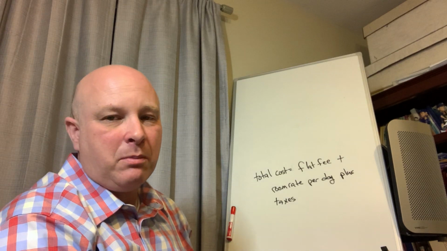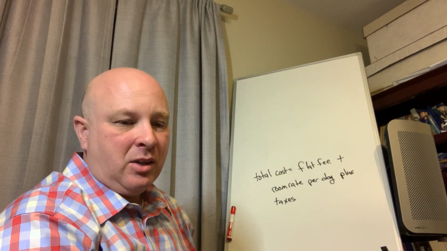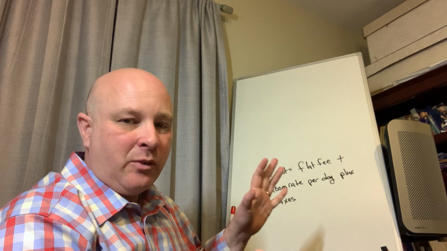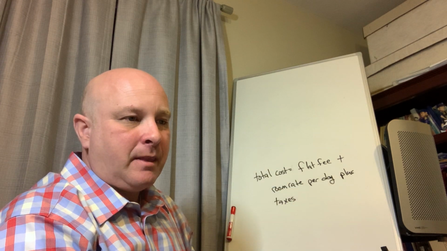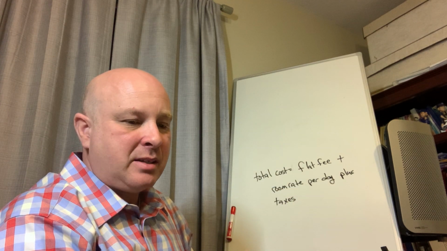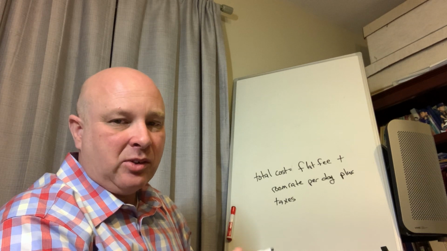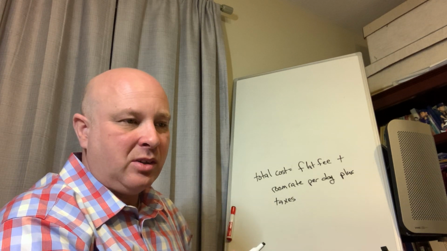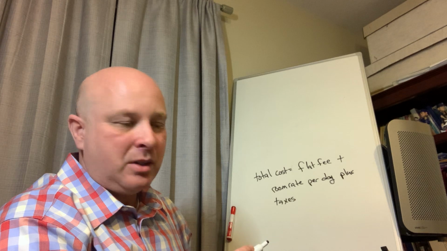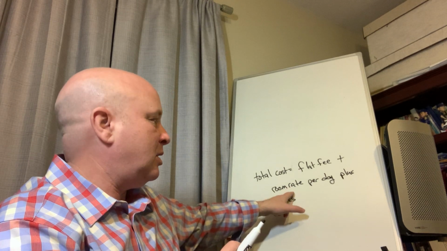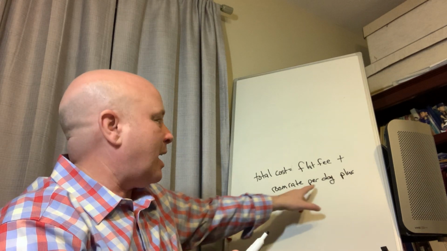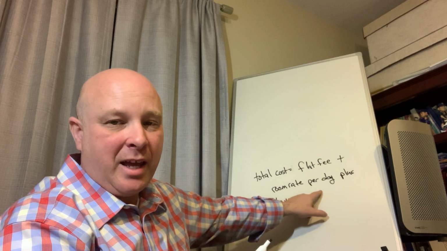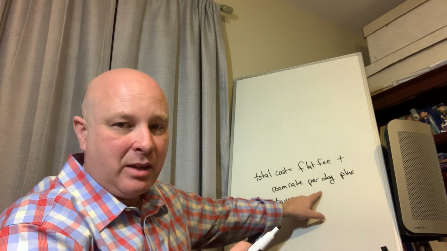So you've got the full room rate, and then remember, if you're going to calculate the taxes, let's say for example your tax is 10%, then whatever your room rate is, you'll take that number times the number of nights. Okay, per day means times the number of nights that you're staying there.